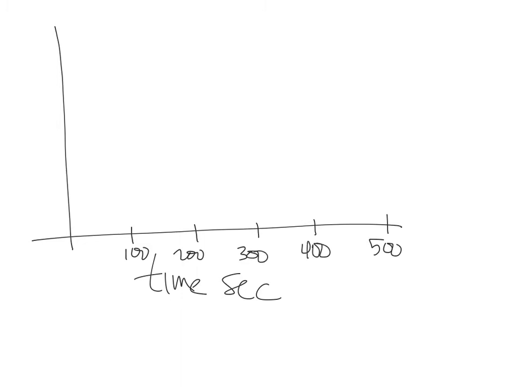I know graphs aren't our favorite, but we can do it, right? I'm actually not going to start this at 0 because I need to see what's going on down by the ground level. So this is going to be 0. 20, 40, 60, 80, 100, 120, 140.